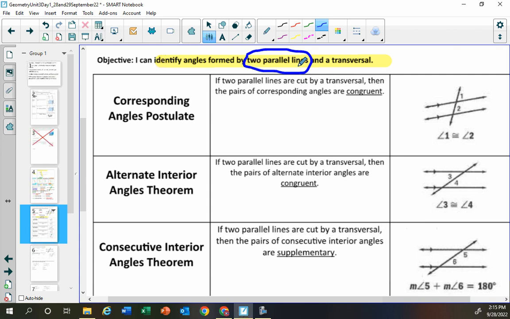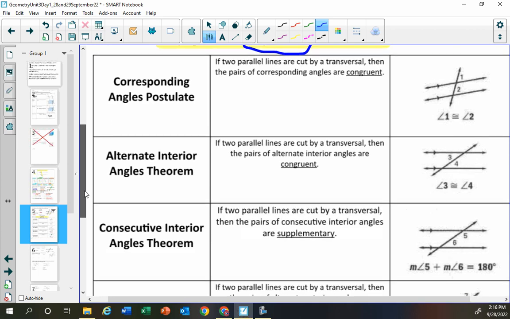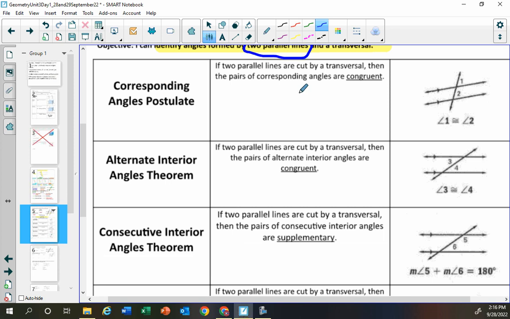So what's going to happen? I think the first activity is just going to be identifying one more time. So let's see. Corresponding angles are going to be congruent.